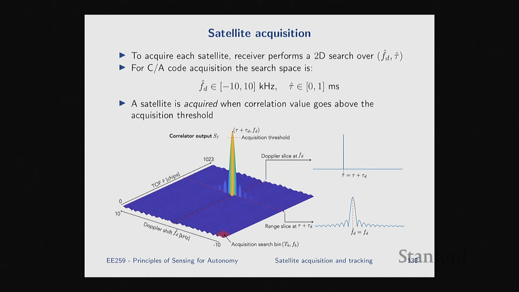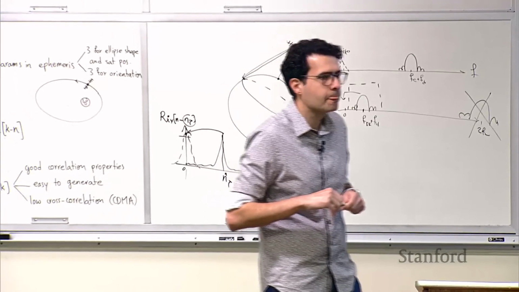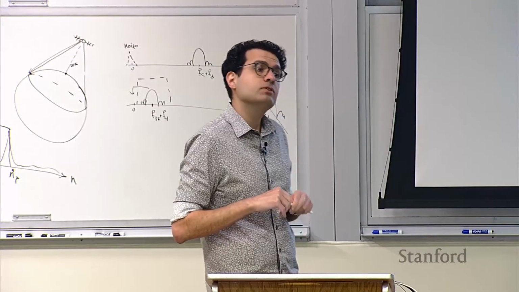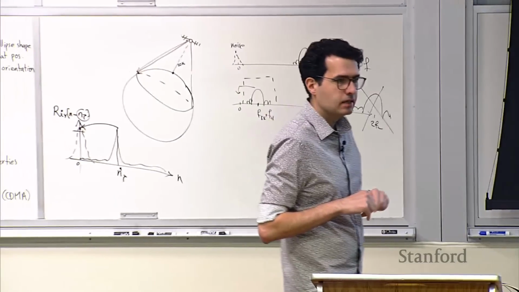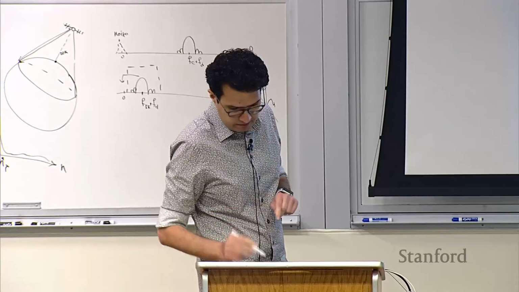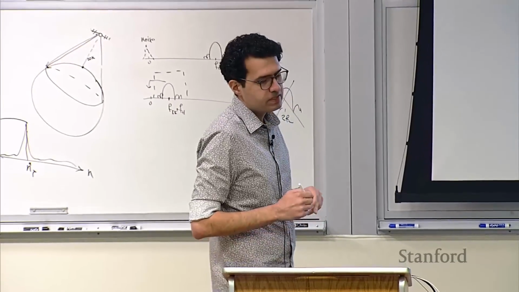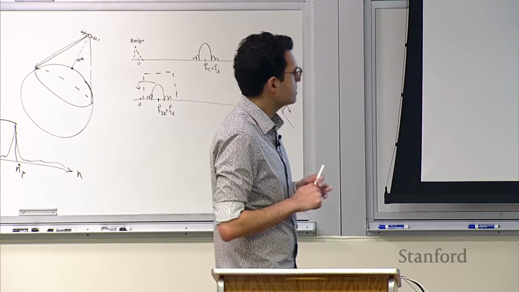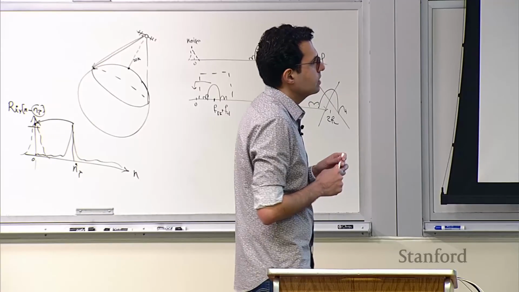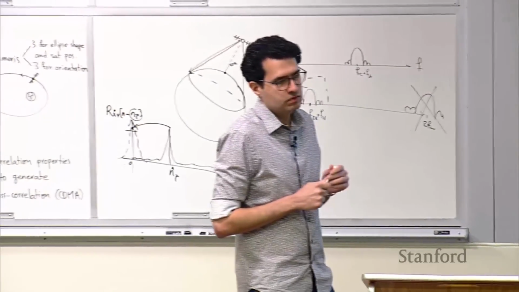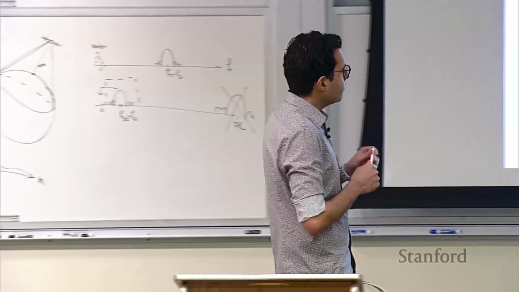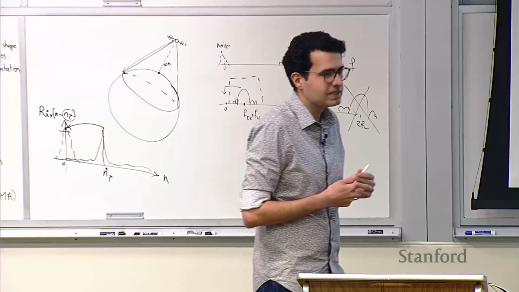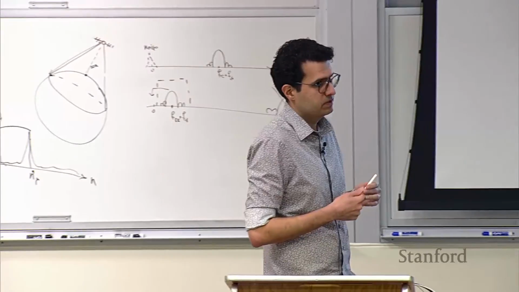Question? Yes, I hear searching for the peak correlation. Are the Doppler effects going to change? Yeah, that's why you need to do it relatively fast. Just to repeat the question: as you're doing the search, isn't the Doppler going to change? There are two things. First, you do it relatively fast, so we're talking seconds at most for really old receivers, and probably milliseconds for modern ones.